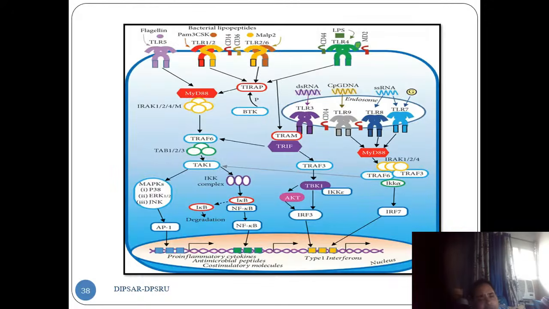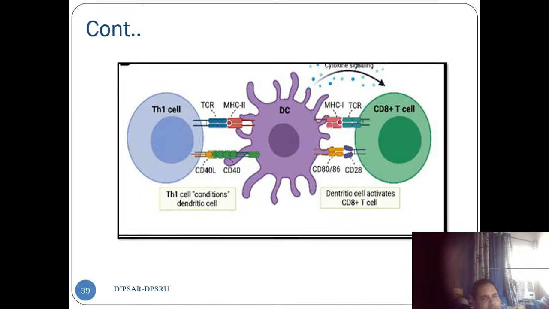So you should know which particular TLR is sensing, and after sensing, which pathway is going to be activated, whether it is MYD88 dependent or independent, whether it is NF kappa B or MAP kinases, and further which genes it is going to activate, and by the activation of those genes, which particular cytokine is going to be produced, and after production of cytokines, what it is going to do. I hope it's not too much.